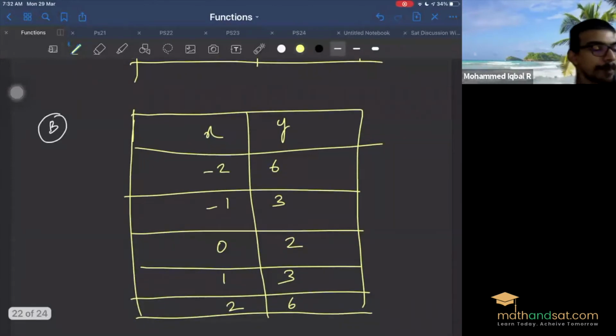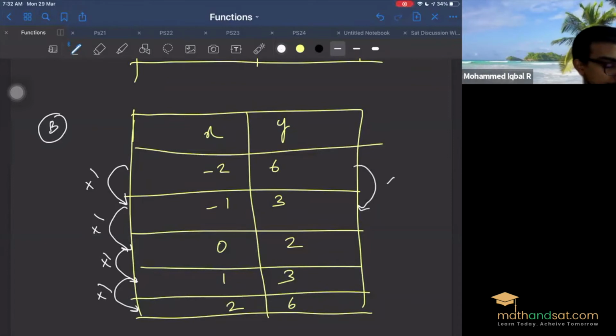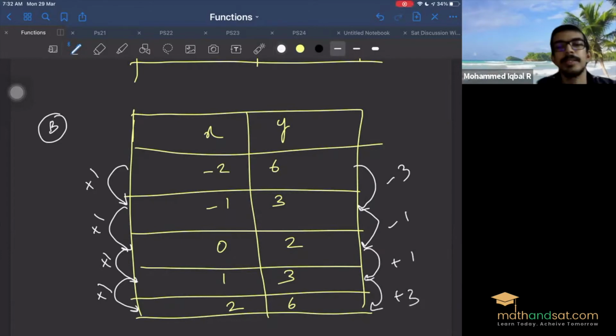Now what happens? Going from -2 to -1, x gets increased by plus 1. Here it gets increased by plus 1, again plus 1, again plus 1. Correspondingly, what happens here? This gets decreased by 3, decreased by 1. Here it is plus 1, it's plus 3.